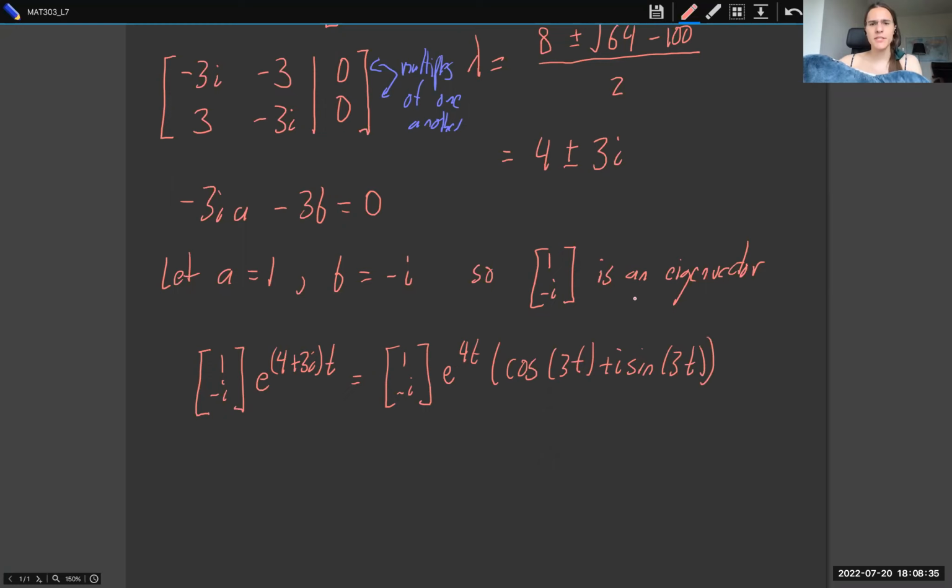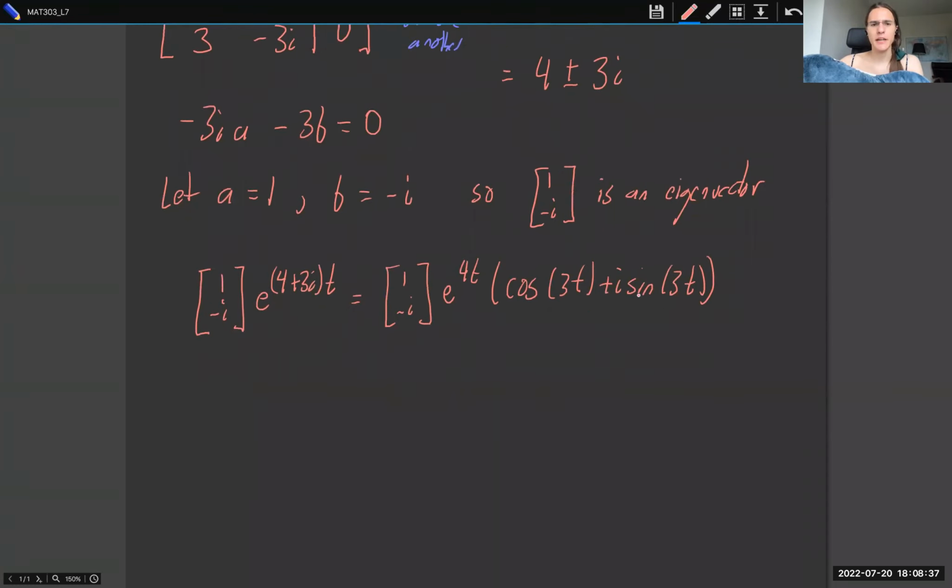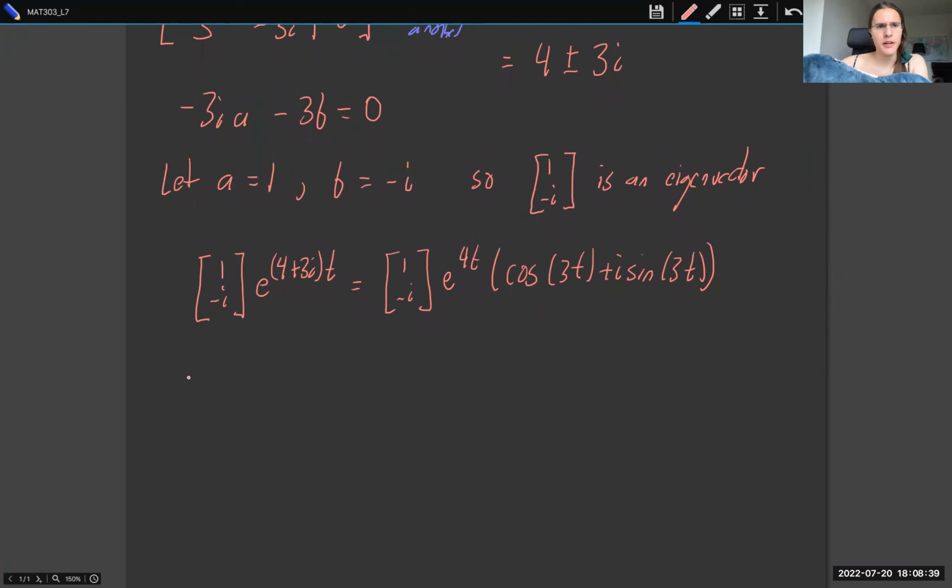Now, what we're going to notice is the following. The original equation is Ax equals x prime, and A is real.